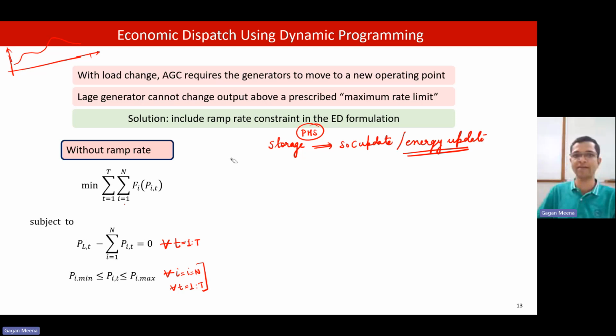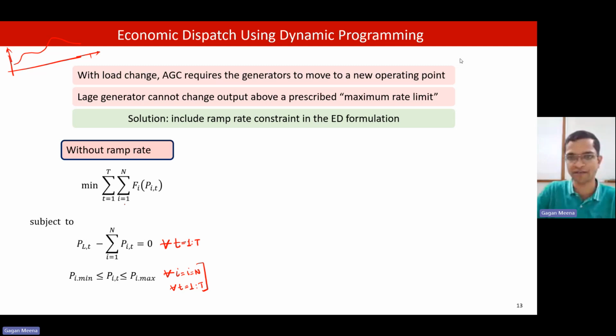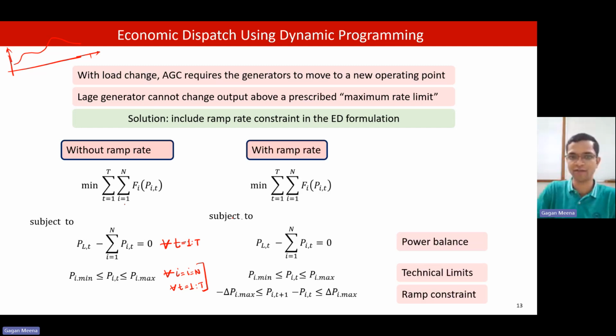Now if we add the ramp rate, what will change? The objective function is going to remain the same. We are going to add one more constraint, which we have already discussed: between successive time blocks, the generation change is limited by the ramp rate. Decrease or increase, both are limited. That we need to incorporate. Here these two constraints remain the same, and the change is here.